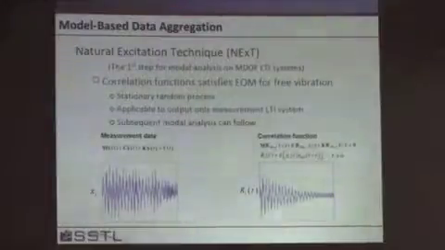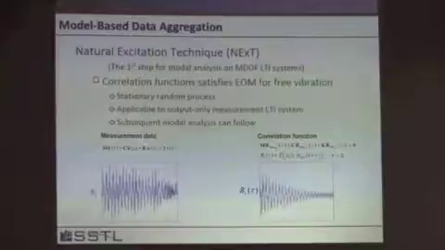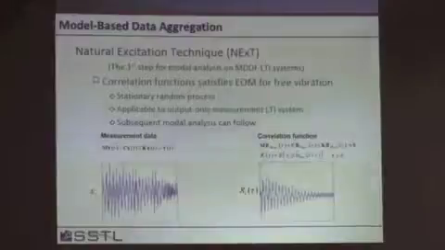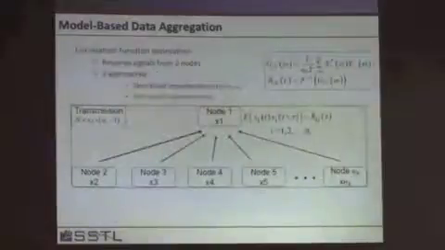Now that's a result that's been known for some time in the random vibration area, but the thing that the guys at Los Alamos National Labs did was that they said, well, if we can calculate this autocorrelation function, we can then do our system identification on the autocorrelation function. You don't need to have the input excitation. So this is a very powerful approach.